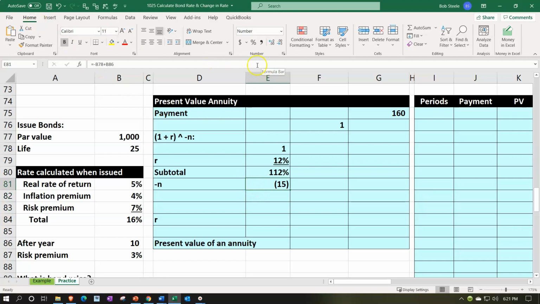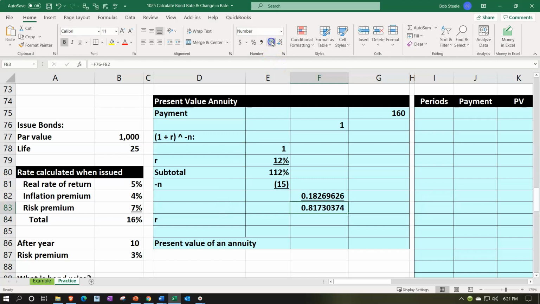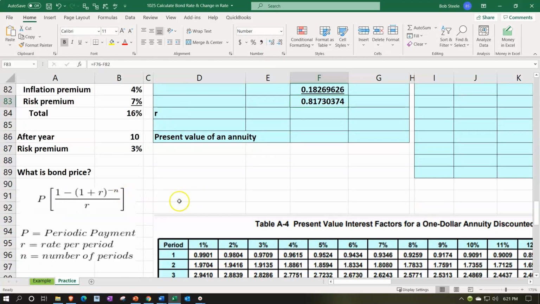Home tab, Font, underline. I don't need to say Home tab anymore because we discussed that. We're in the Home tab by default. Anyways, this is going to be the 1.12, Shift 6 caret, 15 or negative 15, adding decimals, Number group, decimalize, Font group, underline, subtracting out to get to the numerator, 1 minus that decimalized number, adding decimals, there's the numerator.